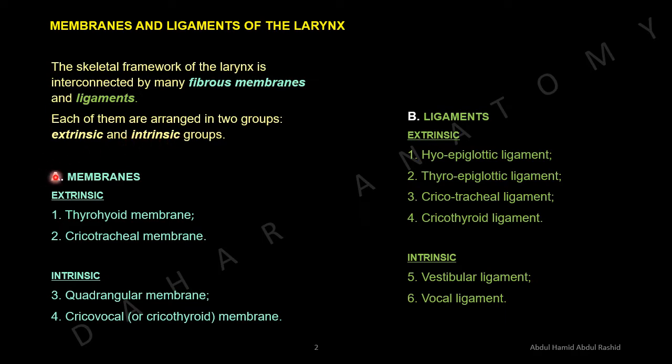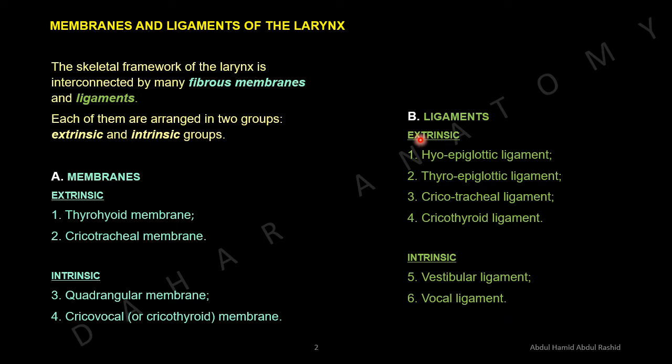A, membranes. Extrinsic membranes are: 1, thyroid membrane, and 2, cricotracheal membrane. Intrinsic membranes are: 3, quadrangular membrane, and 4, cricovocal or cricothyroid membrane. B, ligaments also consist of two groups, extrinsic and intrinsic.